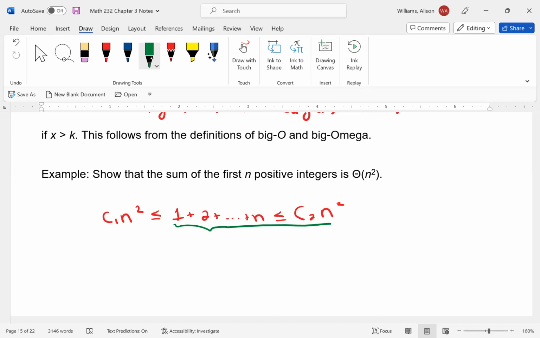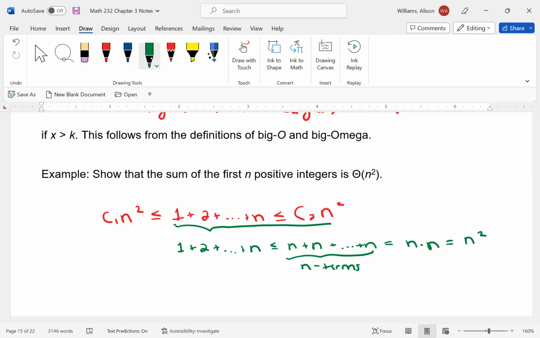We actually already showed this in a previous example, so I'll just redo it really quick. If this is the sum we're looking at, I could say that all of these numbers would be smaller than or equal to n if I make all of them n. There are n terms here, and there's n of them, so that's n squared.